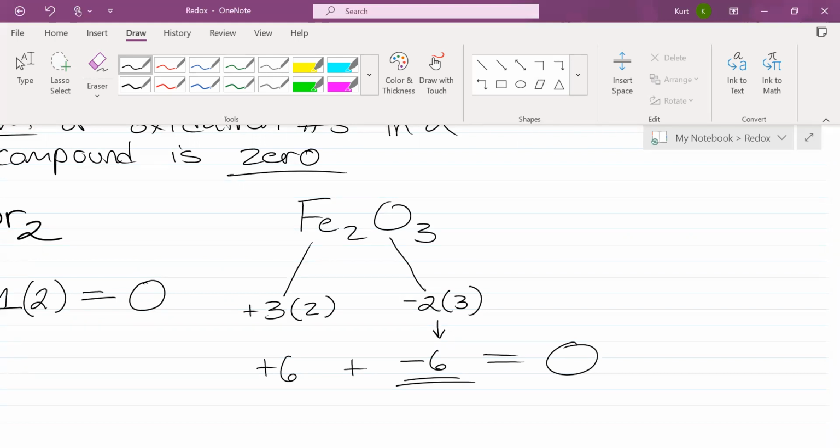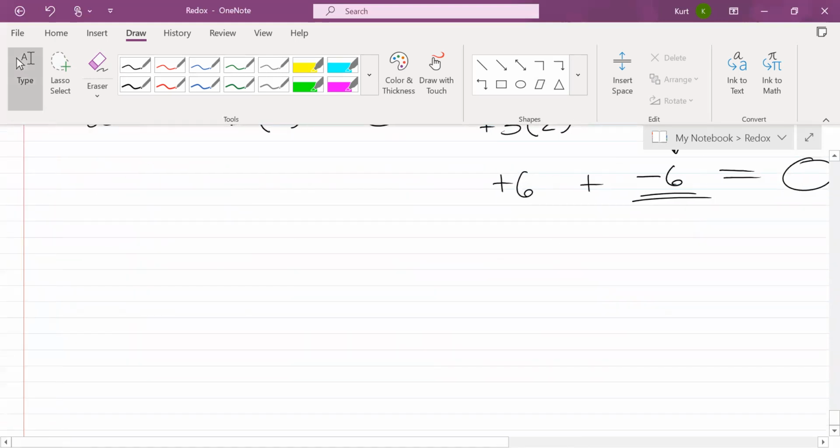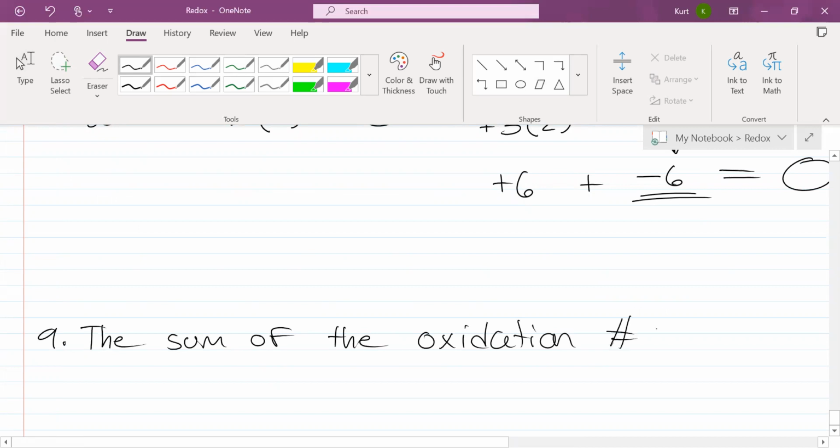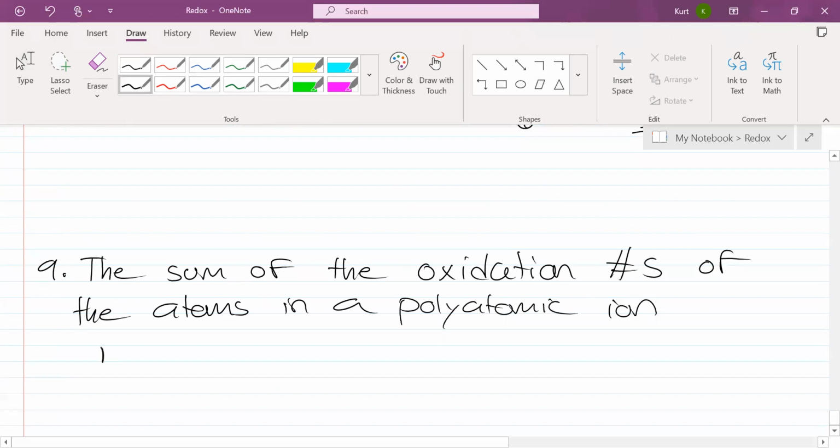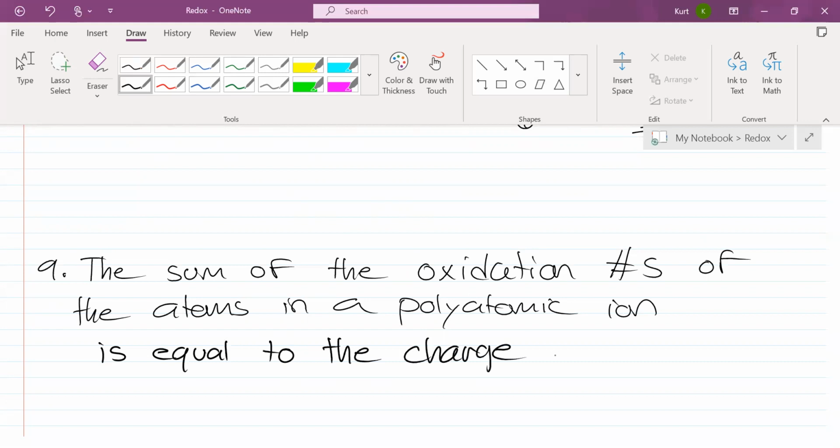Okay, Max? And here's the last one, number 9. The sum of the oxidation numbers of the atoms in a polyatomic ion, here we go, is equal to the charge of the ion.